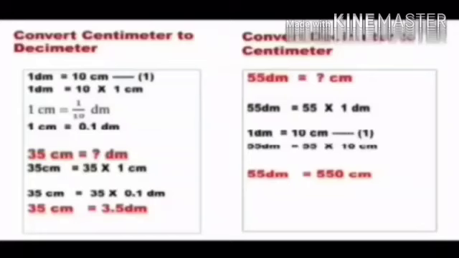We write 1 decimeter in terms of centimeter. We obtain 55 decimeter is equal to 55 times 10 centimeter. We get 55 decimeter is equal to 550 centimeter.